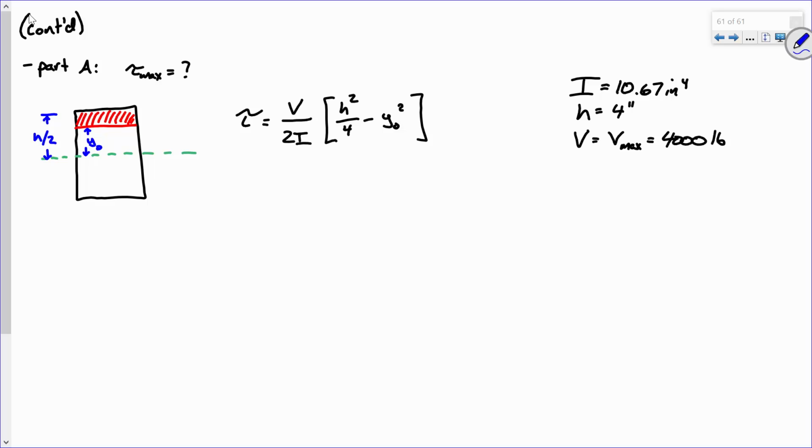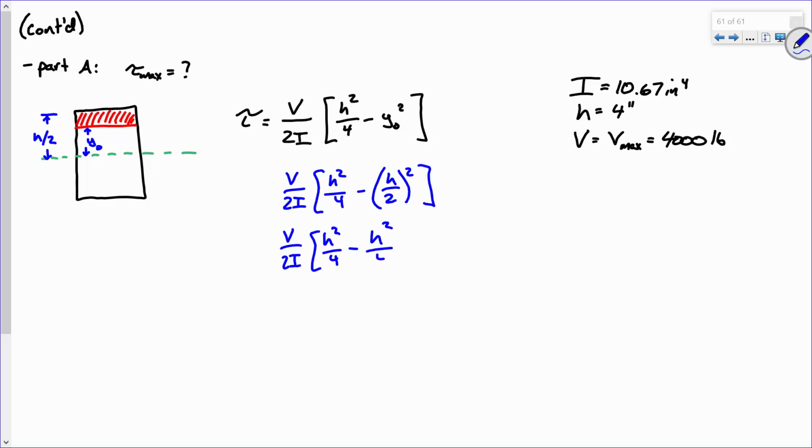It would be V over 2I times h squared over 4 minus h over 2 squared, so h squared over 4 minus h squared over 4. So what is that? That's not going to give us the maximum shear stress. That's what we're trying to find, the worst case shear stress imaginable. So what value of y naught should I plug in? 0. Now think, where is y naught measured from? From the centroid.